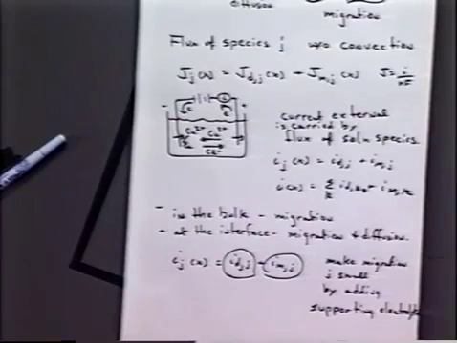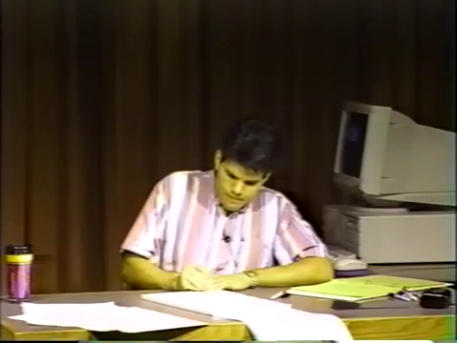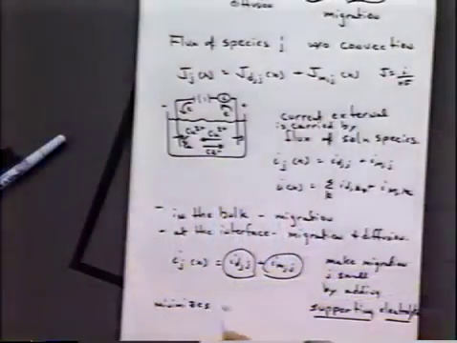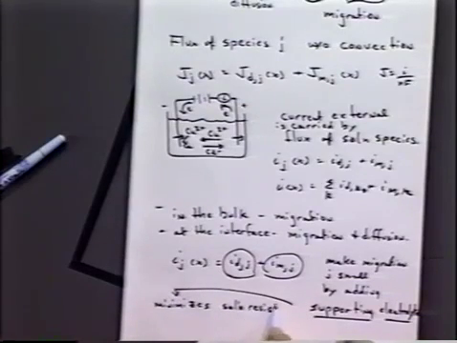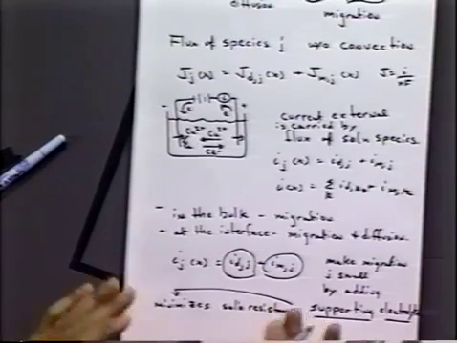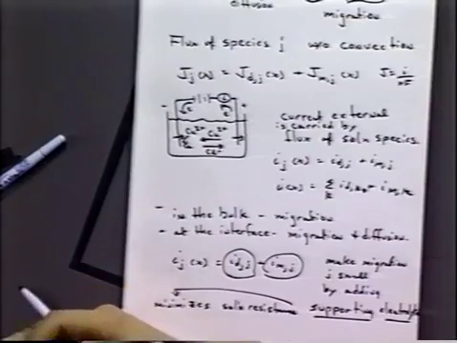Supporting electrolyte does a couple of good things for us. As I said, it basically eliminates the migration component or makes it small. It also minimizes solution resistance, so that when we do apply a current to our system, the voltage that is developed is not used up by the ohmic drop or the solution resistance.